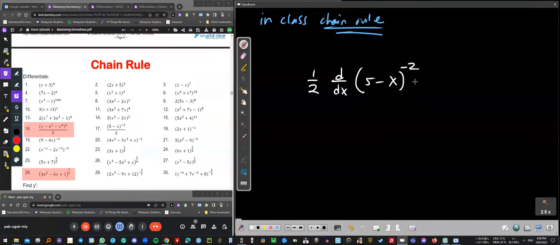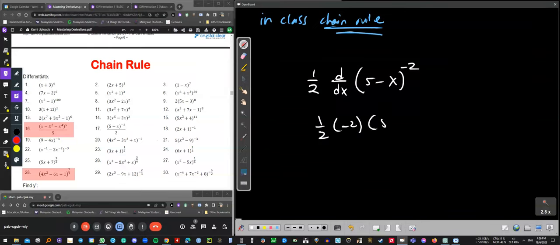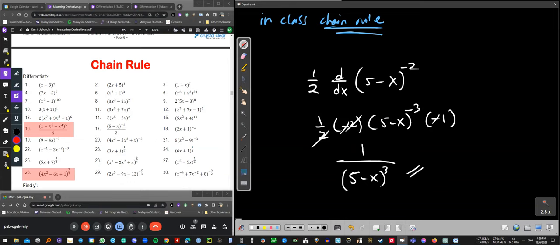And then afterwards I start differentiating. So 1 over 2 times by negative 2 and then (5 − x) to the power of negative 3. Lepas tu times negative 1, betul? Okay, so 2 cancel, negative cancel. So our answer is just 1 over (5 − x) to the power of 3. Itu je jawapan je.